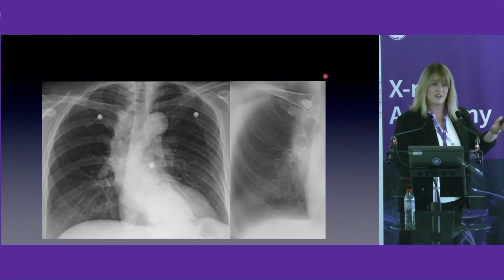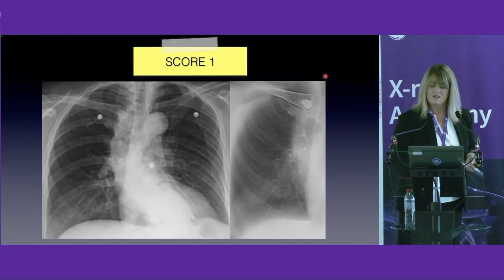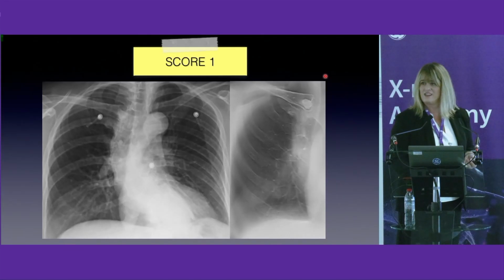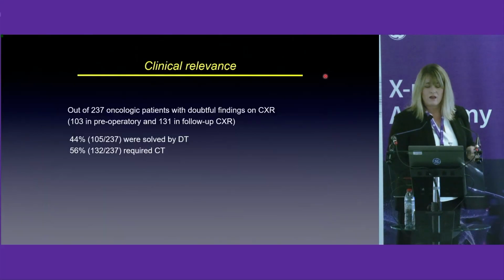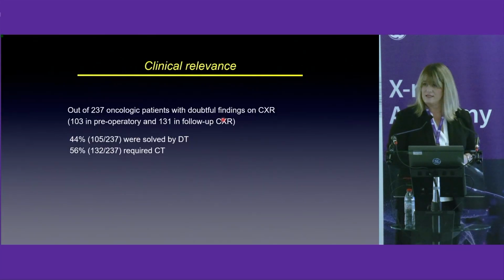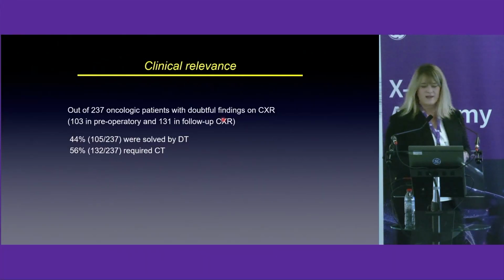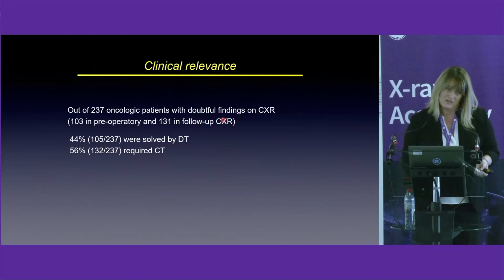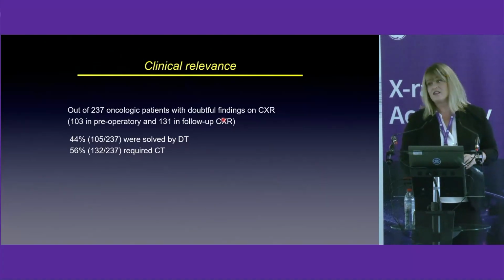This one is a bone island. So score 1, no further examination was requested. So in our series of patients, almost half of these patients were solved by DTS, while 56% required a CT scan, sometimes to confirm lesion, others to stage.